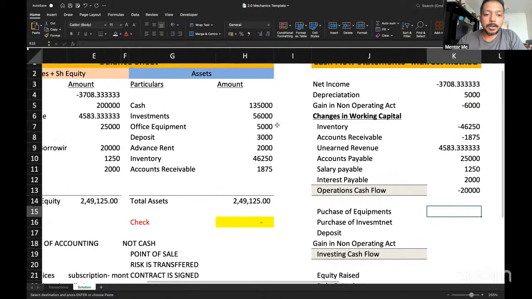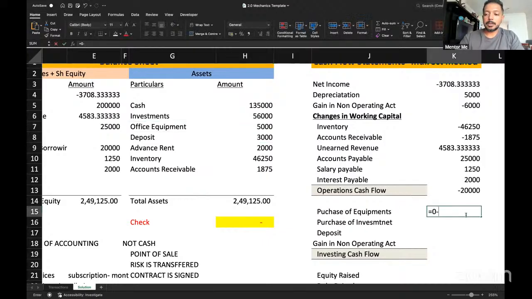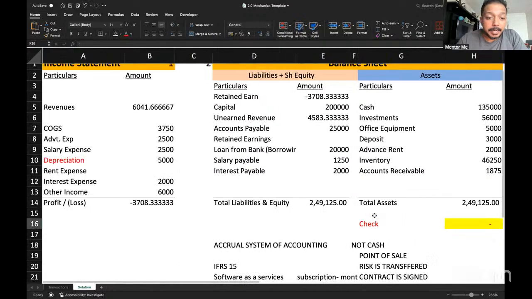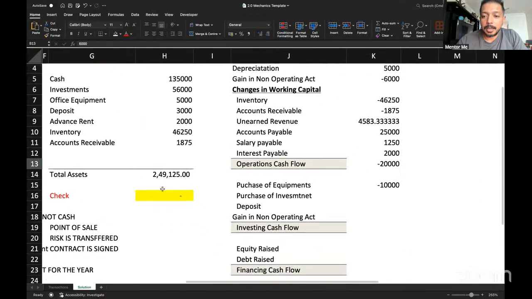So if I were to see the office equipment, initially we purchased for 10,000. So it would be 0 minus 10,000. Okay. Similarly, when we're talking about investments, initially we purchased it for 50,000, because the gain has already been considered in other income, right?